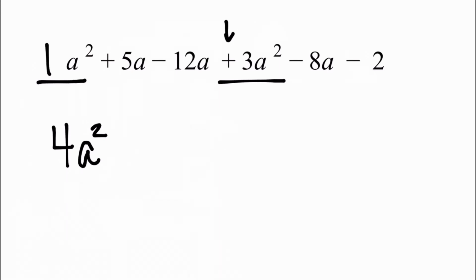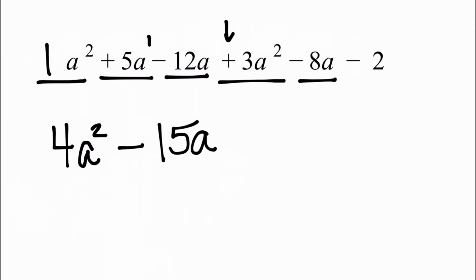Then we have, now we're going to look for the ones with an exponent of 1. So 5a, negative 12a, negative 8a. So 5 minus 12 is negative 7. And we still have to minus 8a. Negative 7 minus 8a is negative 15a.